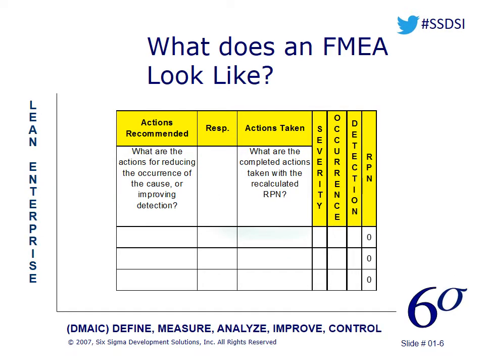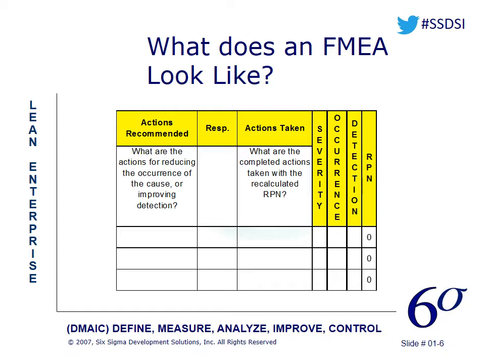Now, if you take the previous slide and attach those rows to this last third of the FMEA, you'll get the full FMEA. I've broken up the FMEA into the first 2/3 and the last third.